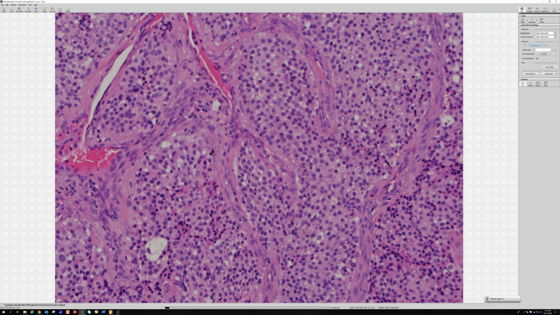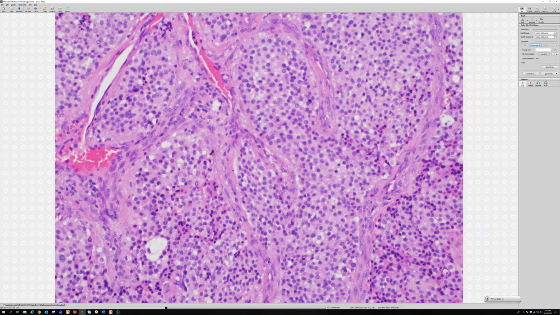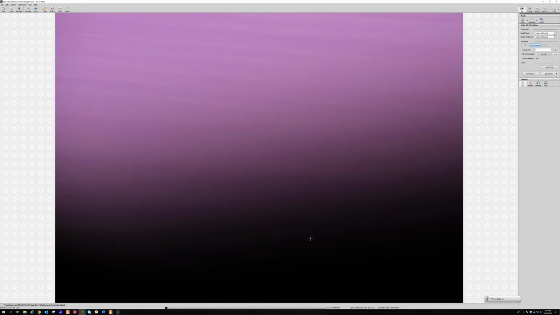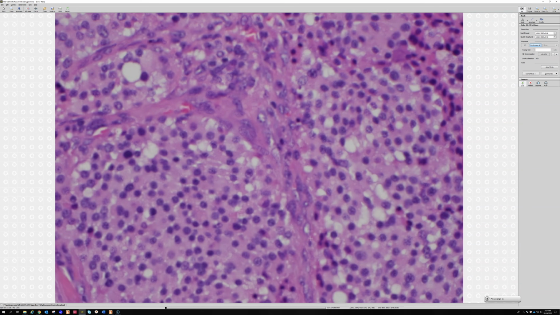Okay. So here's the nice nuclear features, right? Let me get, sorry, it's a little washed out. There we go. You get nice salt and pepper, stippled, neuroendocrine-type chromatin, right? That very small speckly looking chromatin.